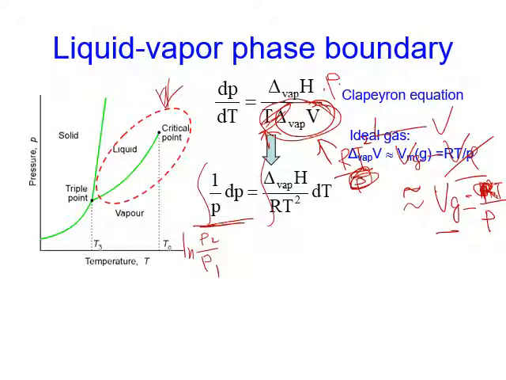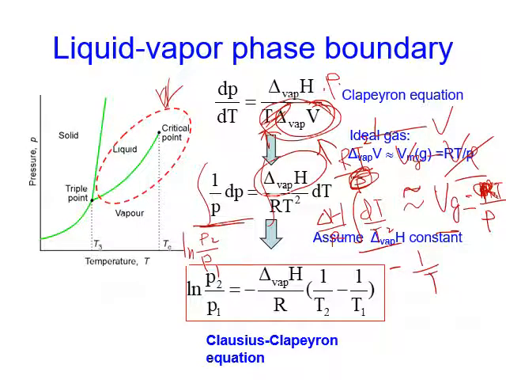The right side, because if we assume enthalpy doesn't change with temperature, the integration becomes delta H over R times the integration of 1 over T squared dT. The integration of 1 over T squared is negative 1 over T. Okay, so the right side becomes negative delta H over R times 1 over T2 minus 1 over T1. And this equation is called the Clausius-Clapeyron equation.